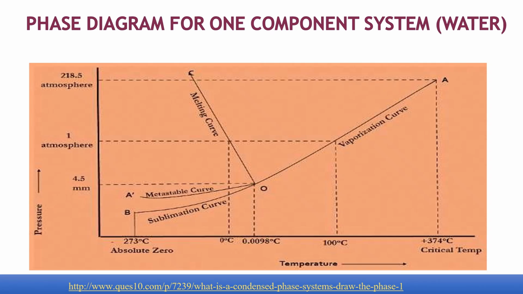There is a curve extending from curve OA, called OA dash, which is a metastable curve. The area A dash OC is almost in the solid state, the area above the curve AOC will be in the liquid state, and below the curve BOA you can see the gaseous phase.